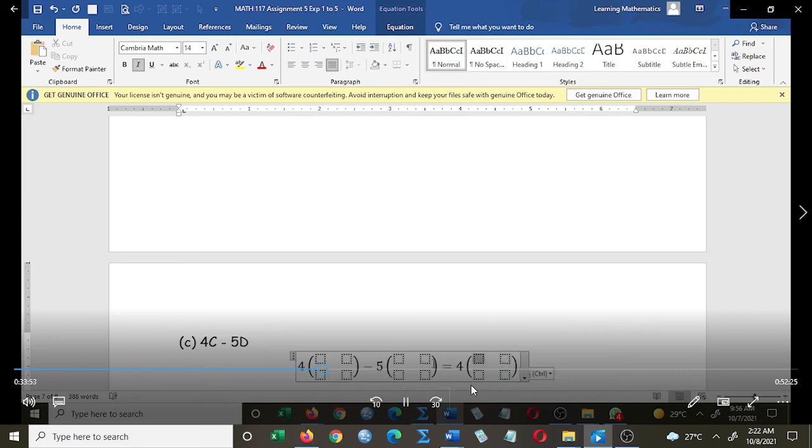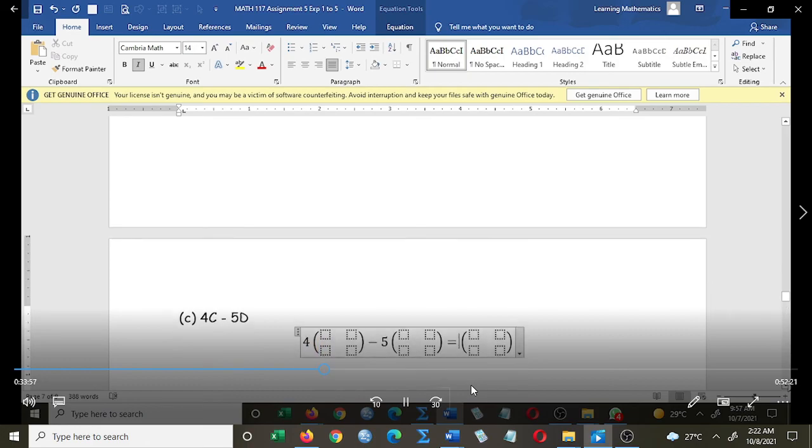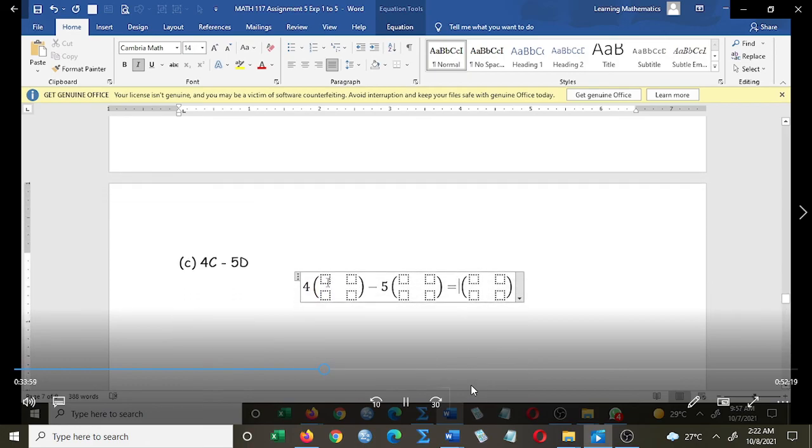Our answer is also going to be a 2 by 2. Okay, so calling numbers for me. Matrix C, what are the values? The elements, sorry. 1, 3, -5, and 8.